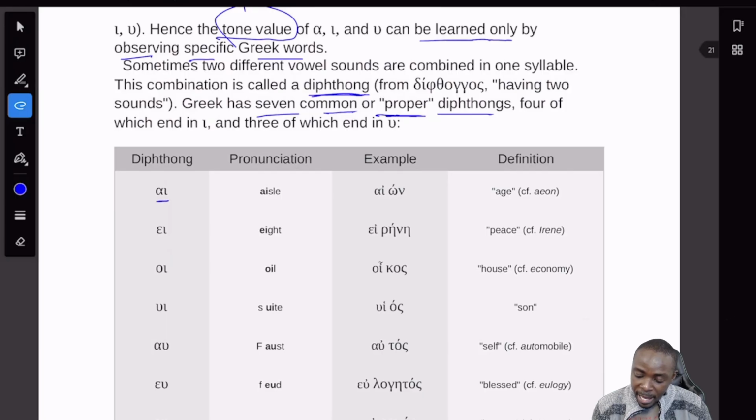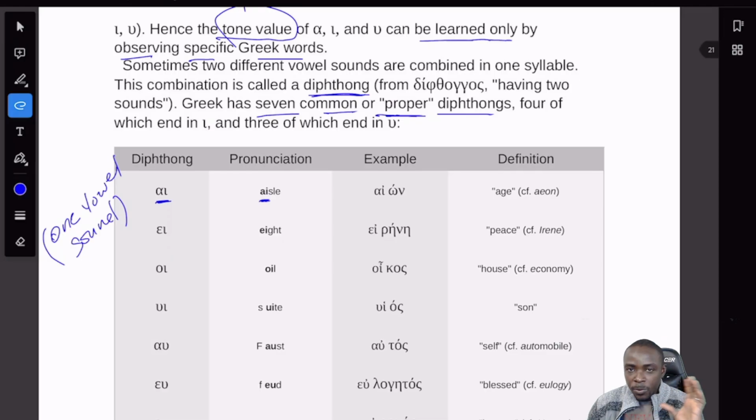So we have AI. Notice whenever you have a diphthong, you really pronounce it like one vowel, right? So AI, you pronounce it like the AI in isle. So what you're looking for really is one vowel sound. When it comes to a diphthong, that's what you're really looking for. You're not looking for 2 sounds.